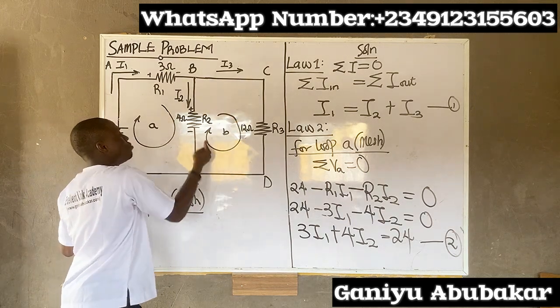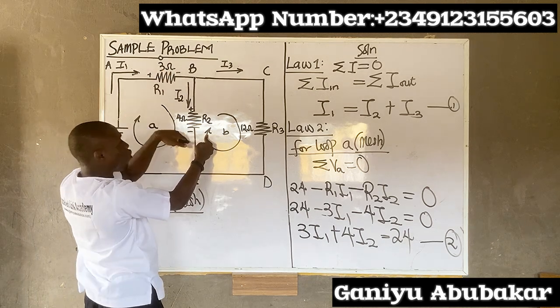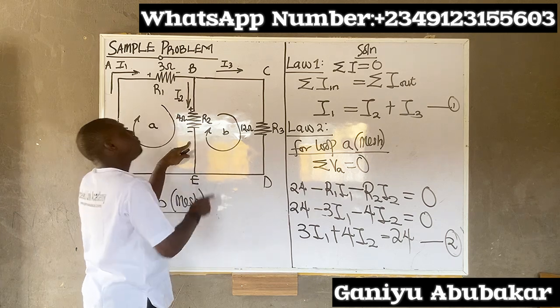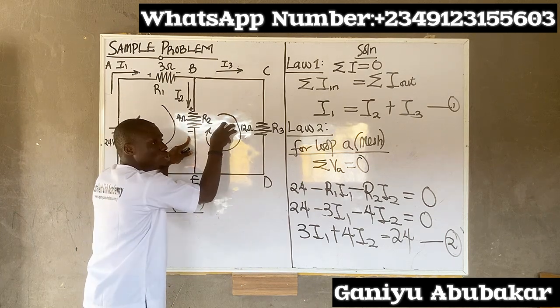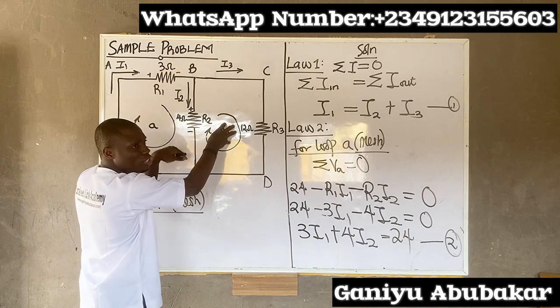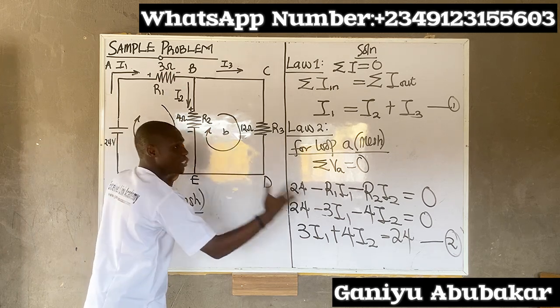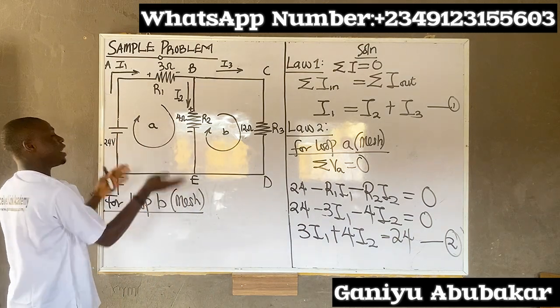This assumed direction is opposing the original direction of the current. If the given or assumed direction is going opposite to the direction of current, take it as positive. But if they are going in the same pattern, that's negative.